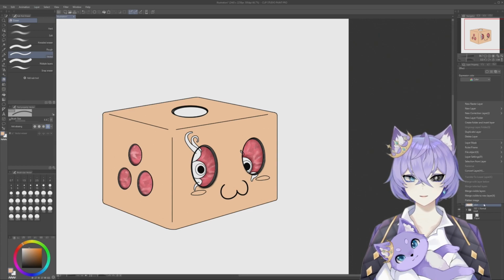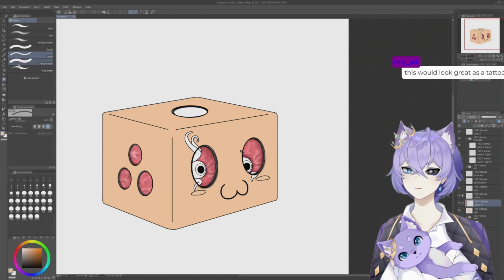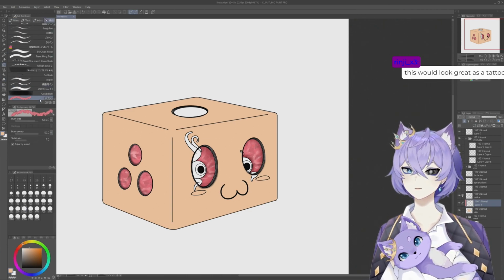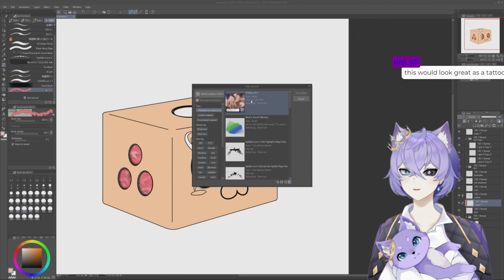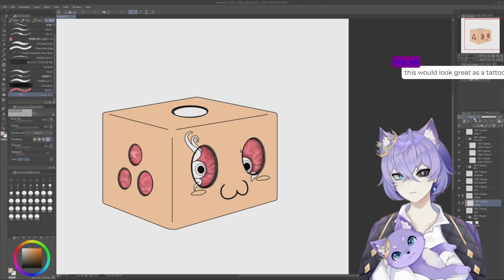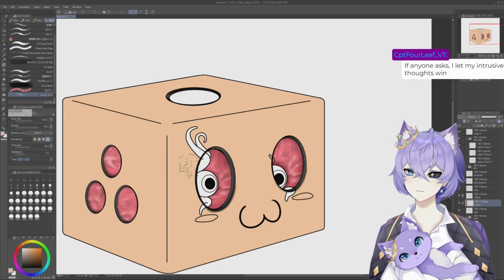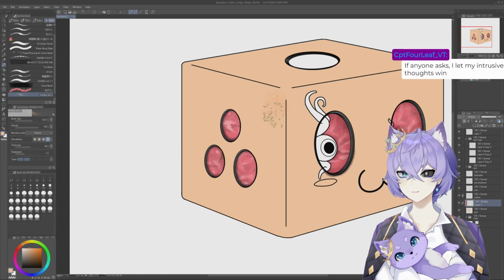What we do then is we add a new layer on top of that. Lay down.